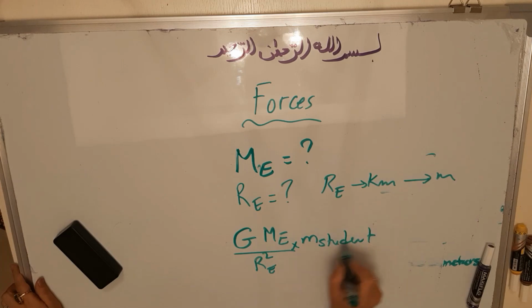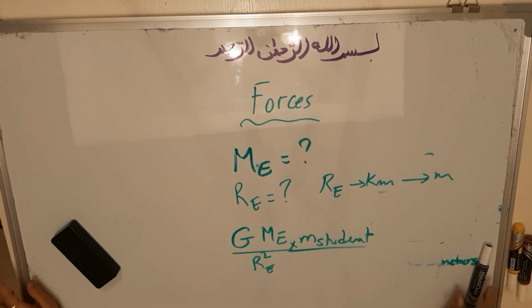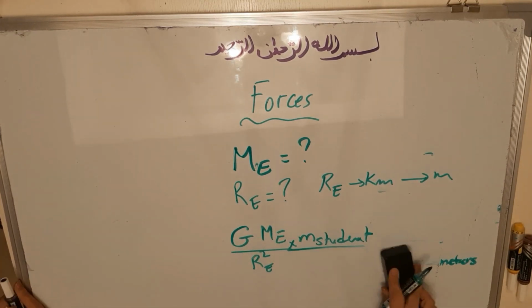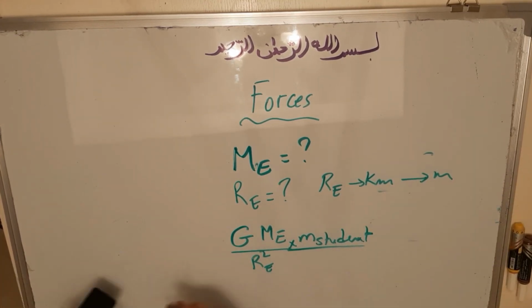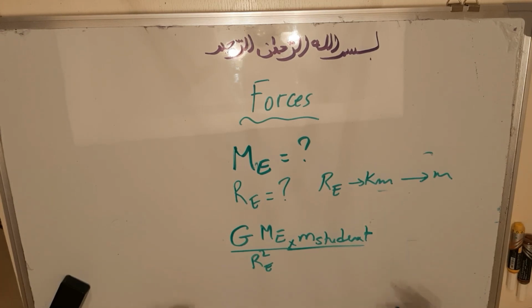Every student should have a very similar result unless your mass is very, very big. So it's going to be 500 newtons, 600 newtons, 700 newtons.